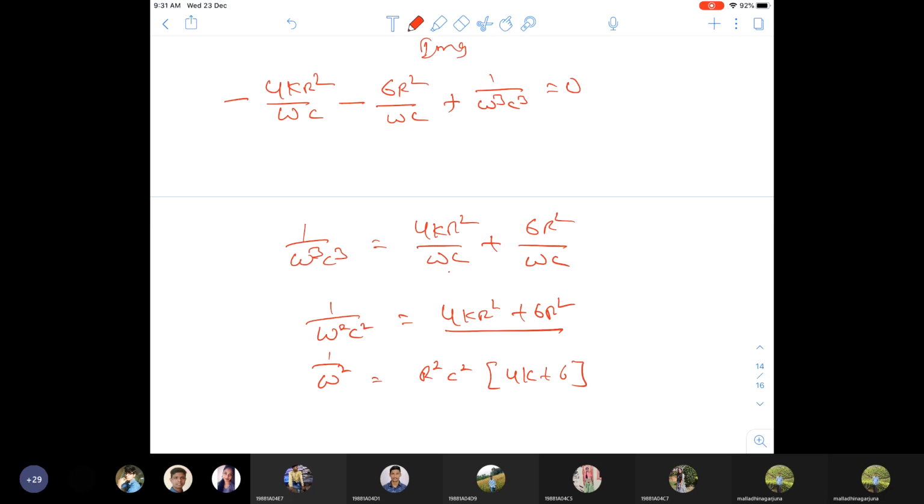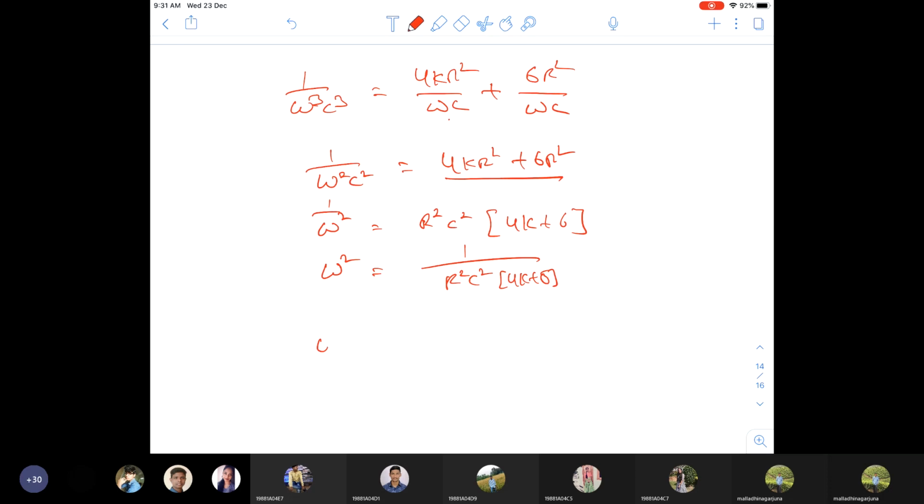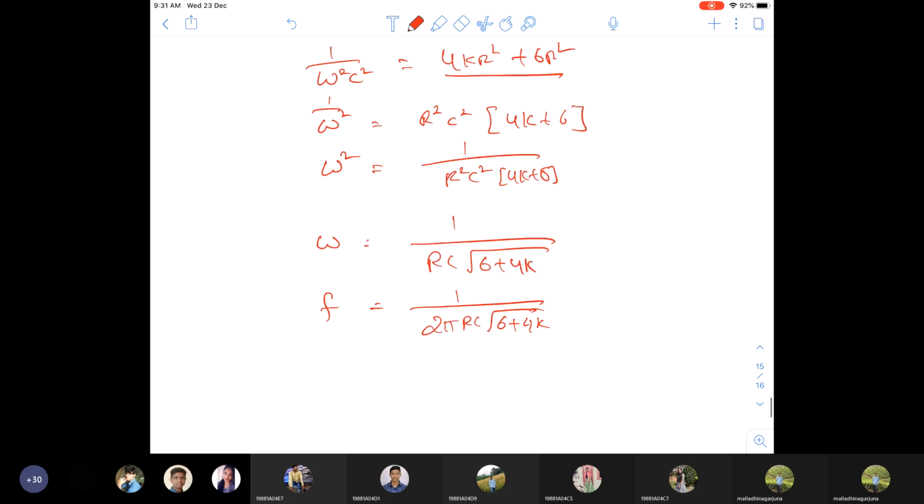Take r square as common, so omega square equals 1 by r square c square (4k plus 6). So omega equals 1 by rc root 6 plus 4k, and f is equal to 1 by 2 pi rc root 6 plus 4k. This is the frequency.